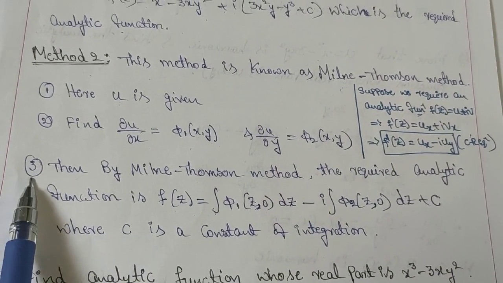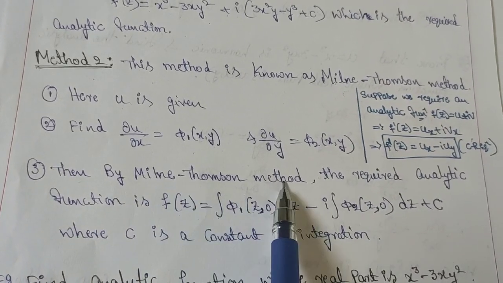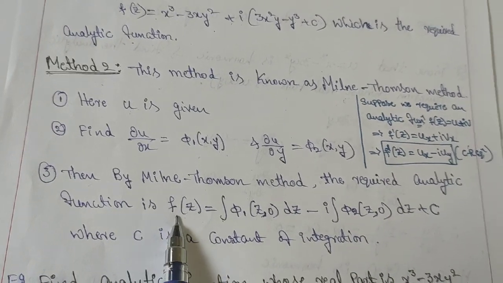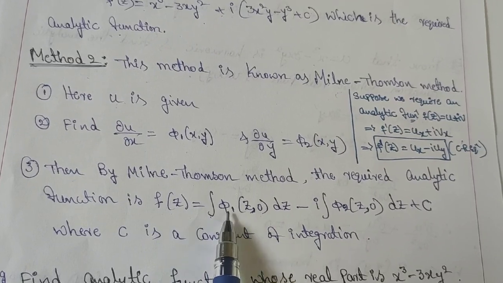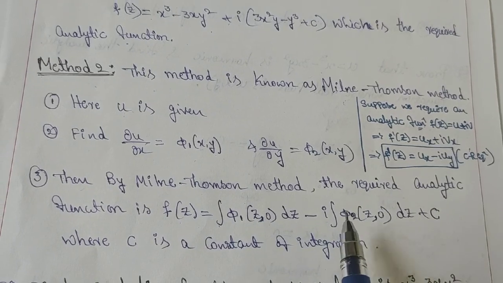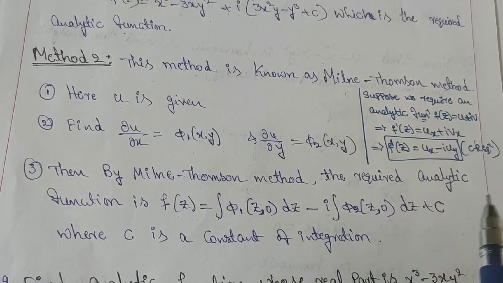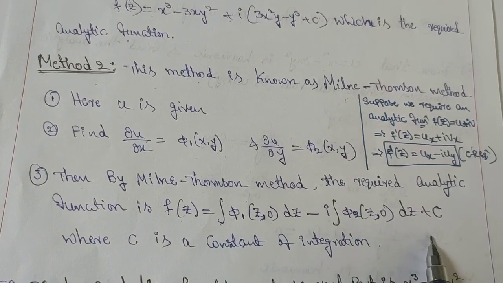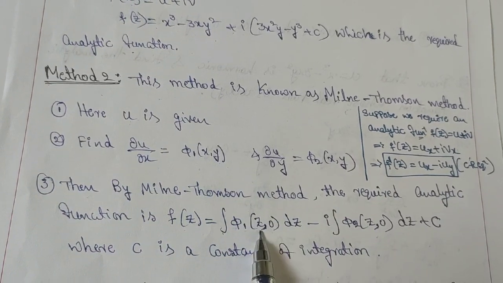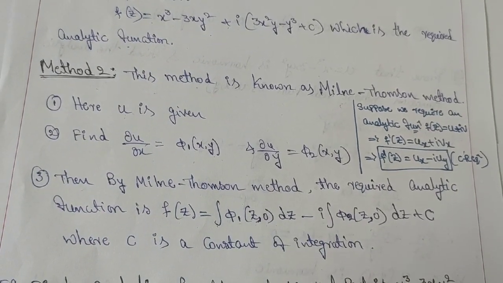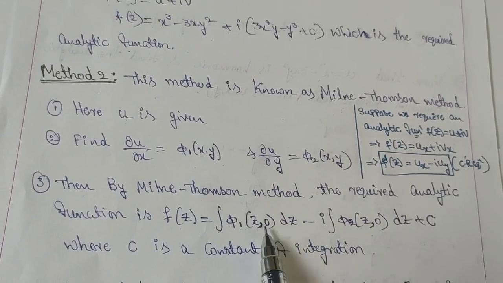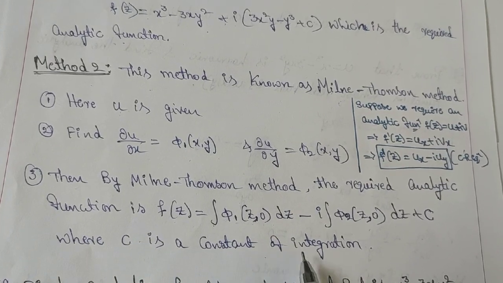In step 3, by the Milne-Thomson method, the required analytic function is f(z) = integral of phi 1 of (z, 0) dz minus i times integral of phi 2 of (z, 0) dz plus c. Here we substitute phi 1 and phi 2 by replacing (x, y) with (z, 0), because we are integrating with respect to dz, where c is the constant of integration.